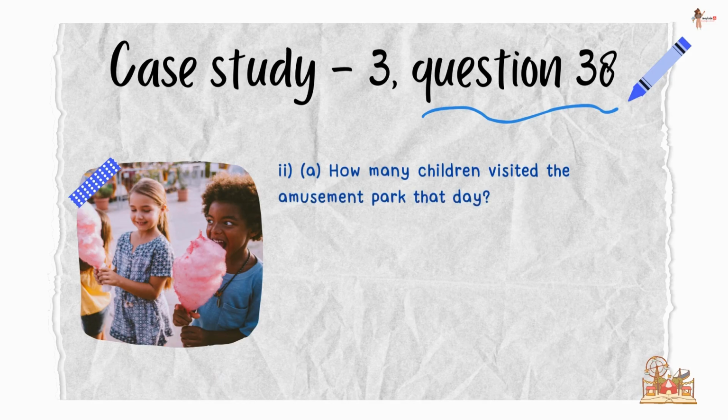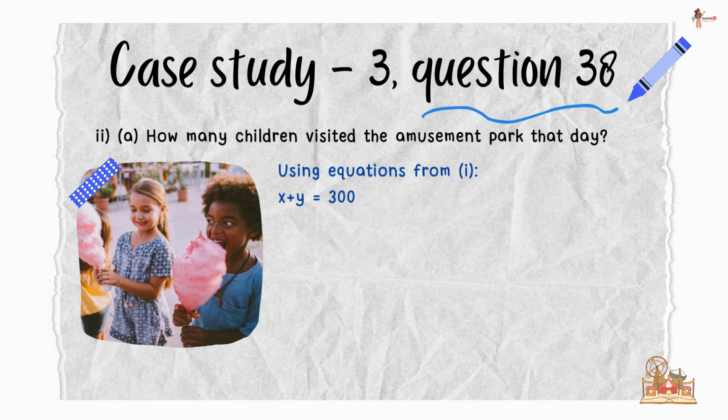How many children visited the amusement park that day? Using equation x plus y equal to 300, we get y is equal to 300 minus x.